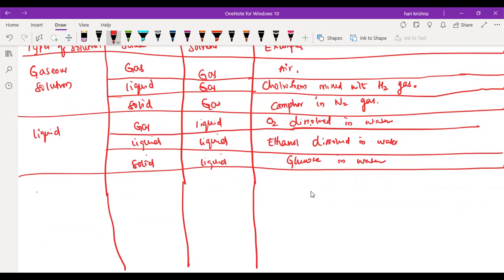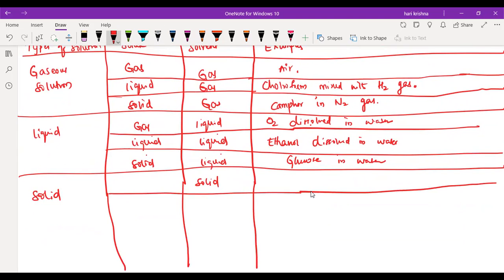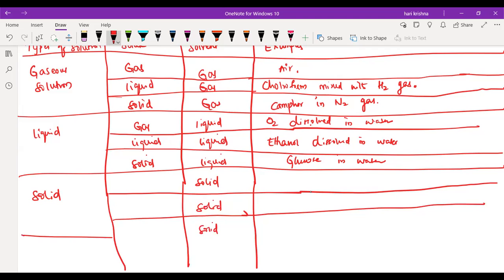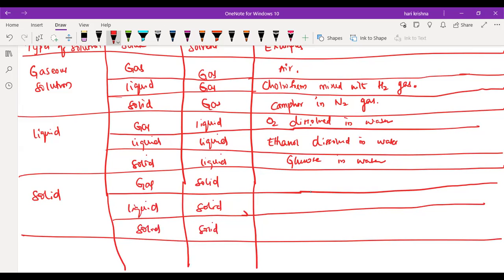The next one, solid solutions. We have the solid solvent, and again, first gas in solid, liquid in solid, and solid in solid.